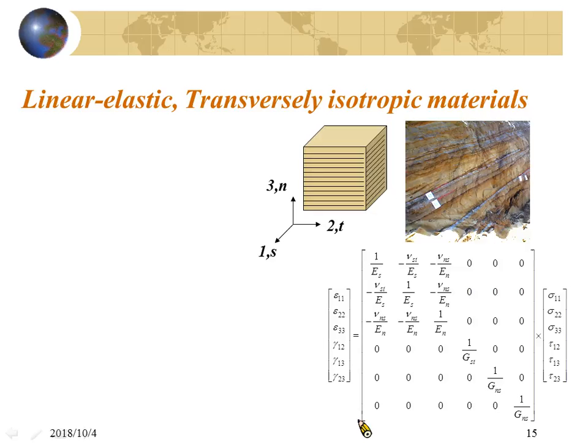You have a sedimentary plane like this. If you rotate in this direction, it will be anisotropic. But if you rotate in this direction, it will be isotropic. So you have a symmetrical plane horizontally. Okay, we call this kind of material transversely isotropic.